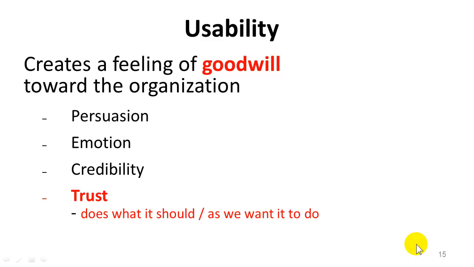Okay, usability. When things work right, they create a feeling of goodwill toward the organization. And by goodwill, we mean some kind of a persuasion toward them, an emotion, credibility. We look at this as being a legitimate agency, trust. We seem to trust that agency.